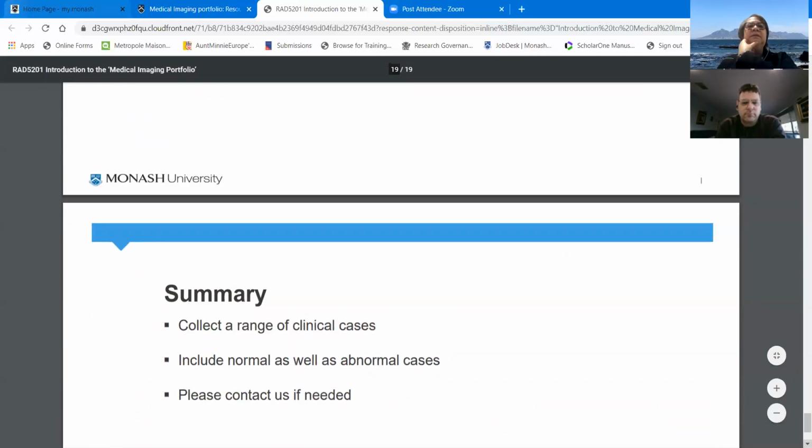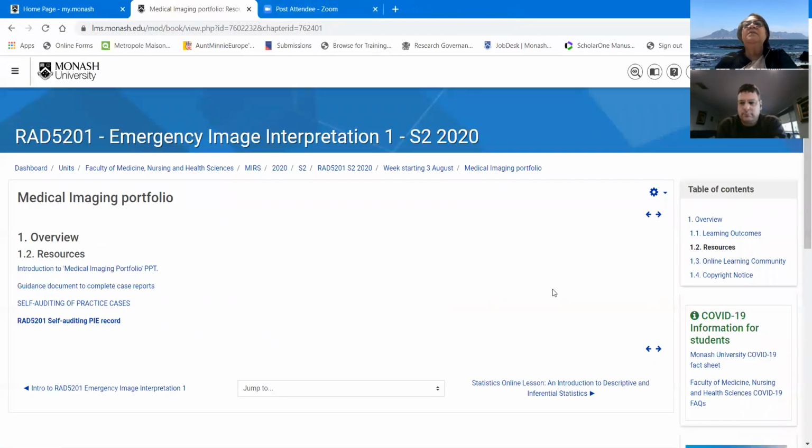So the main thing for the clinical portfolio is to be able to collect a range of cases, and that they should be normal as well as abnormal cases. And then there should be a good spread amongst the body regions that we are covering. So that is the resources that are available.